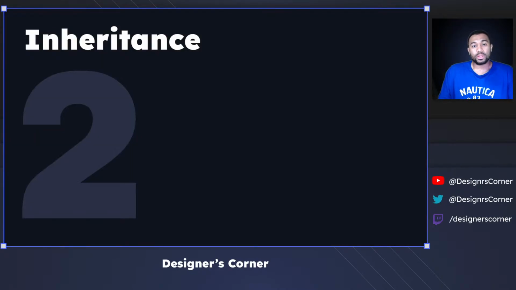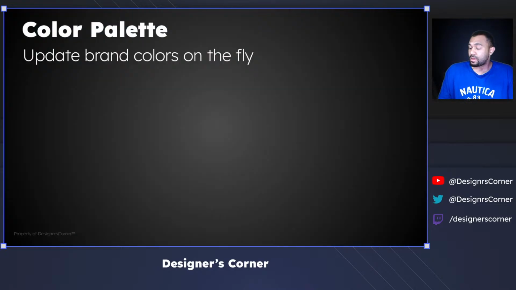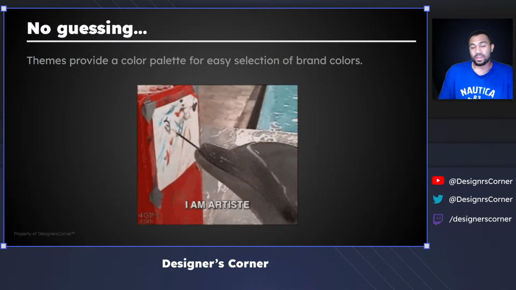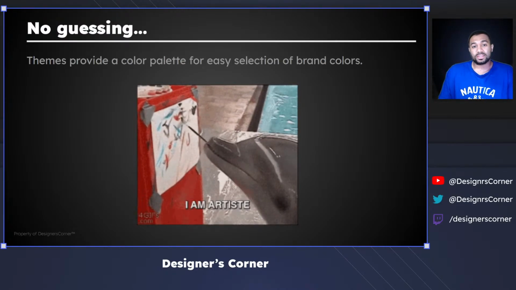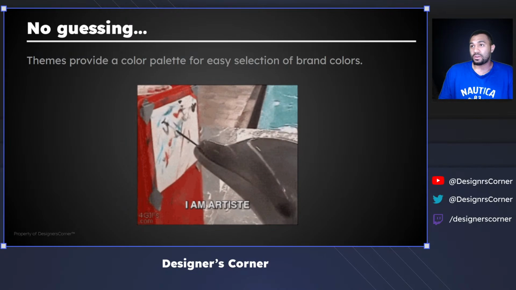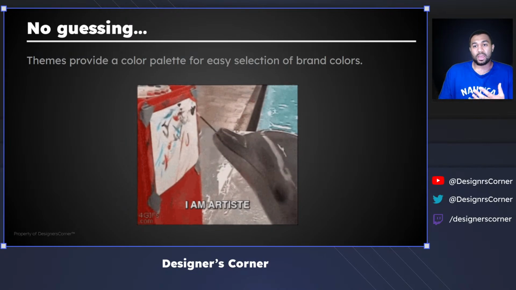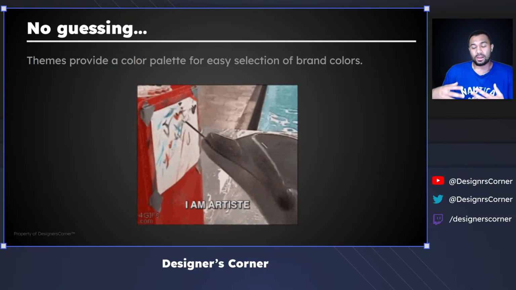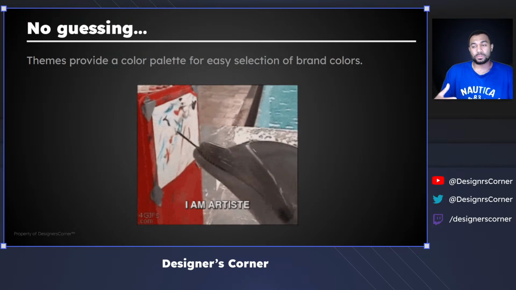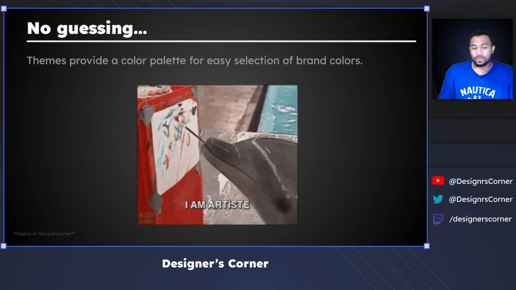So when we're looking at themes, we're looking at inheritance. One of the things that we inherit is the color palette. As I was saying, it takes the guesswork out of creating a slide or a presentation, because we're able to customize that stuff, and we'll take a look at that.